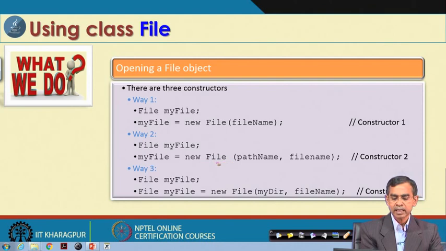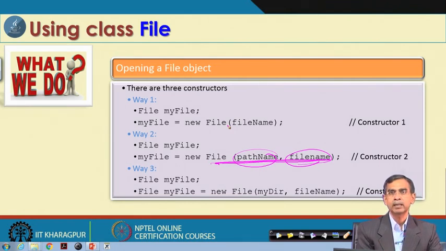There is another constructor, File, where you can also mention the path name and then the file name. The difference between this constructor and the previous one is that the previous one assumes that your file belongs to the same directory from where you are working, that is your working directory. Whereas, if you want to access a file which is not currently in your working directory, you can specify the path name and file name.